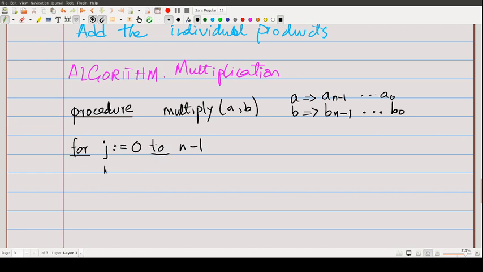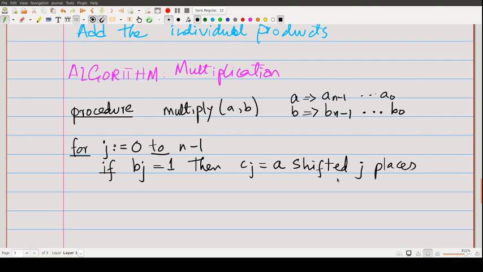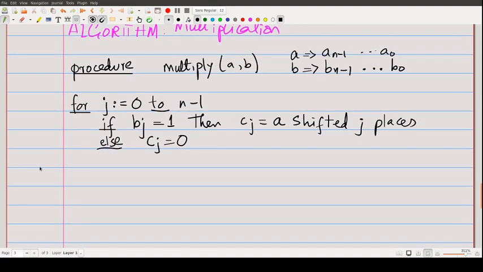If bj is equal to 1, then Cj is equal to A shifted j places, else, which means bj is not 1, so it's 0, then Cj is simply 0. So Cj is the individual product that is being defined for each digit.